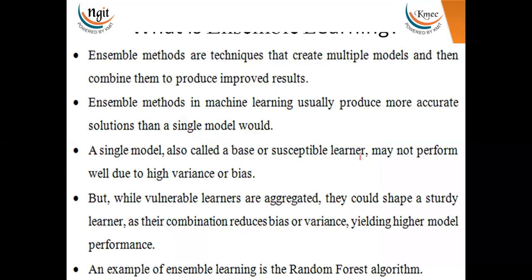Ensemble learning is combining multiple models together in order to produce improved results. Because of this, we get more accuracy in our solution. When you use only one model or one algorithm, it may have some advantages as well as disadvantages. So we want to overcome the disadvantages of that algorithm with another algorithm.